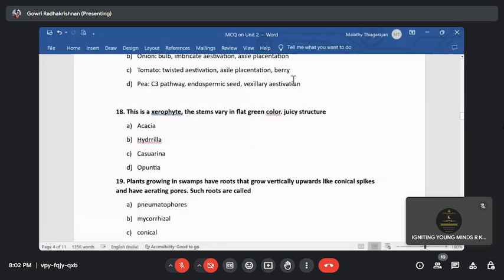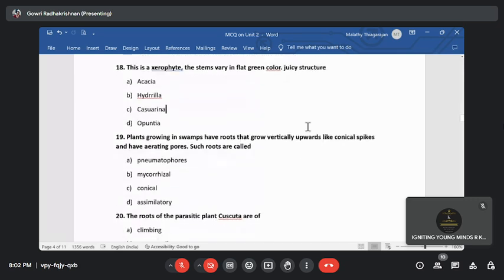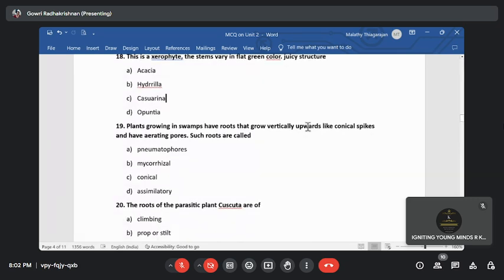This is a xerophyte. The stem is flat, green in color, and juicy in structure. Opuntia, ma'am. Yes, Opuntia is the correct answer. Opuntia is also called prickly pear cactus, which has flattened green stems.